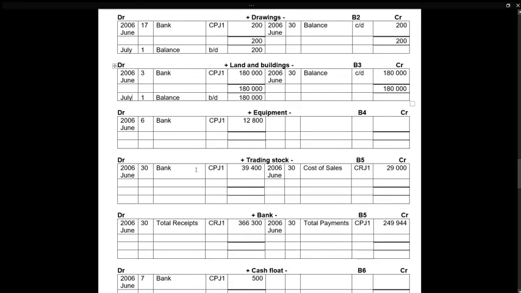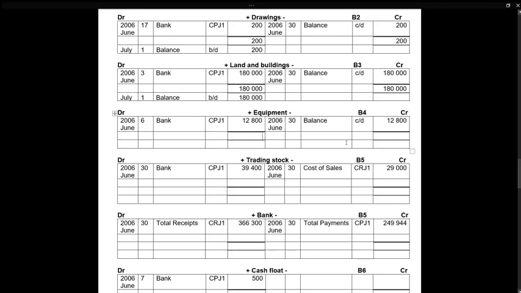Okay, equipment. I can see I need 12,800 in my smaller side to make the two sides equal. It was a calculation, therefore carried down. Details will be balance. It took place on the last of the month to include all the transactions that took place during the month, June.